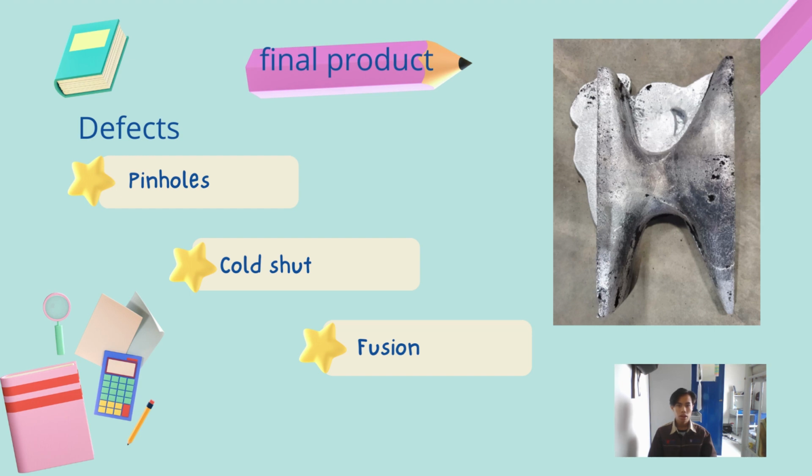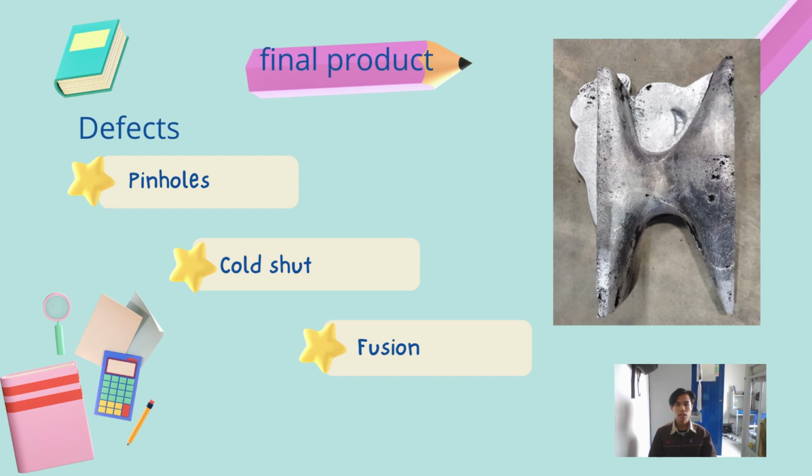The defect can happen when the molten metal lacks fluidity and the gating system is designed inappropriately. We can prevent it by designing the gating system appropriately and limiting the solidification process by increasing the pouring temperature.